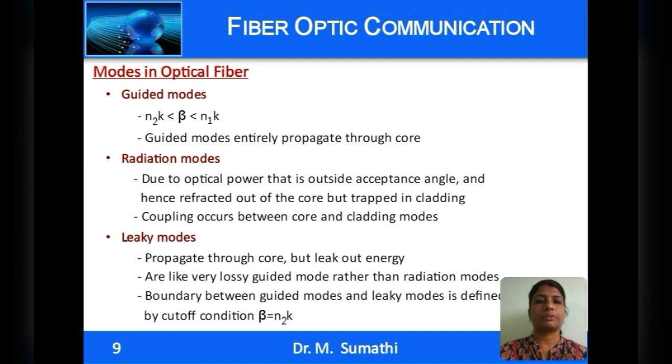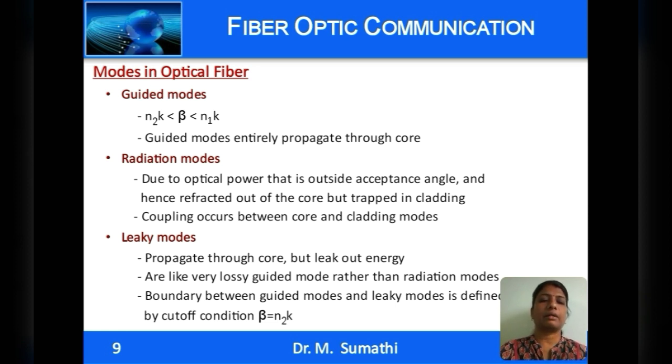Going to leaky modes. When the value of beta is less than n2k, the wave does not cease to exist abruptly. Rather, there is some energy because of the angular momentum barrier at the core-cladding interface. This gives rise to leaky modes. Leaky modes propagate in the core but leak out energy into the cladding, by the principle of the tunnel effect.